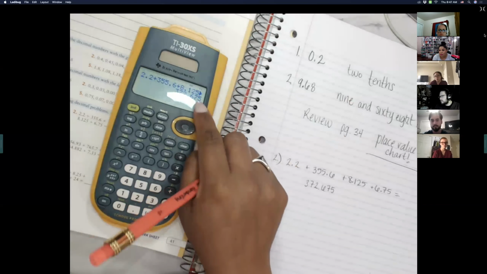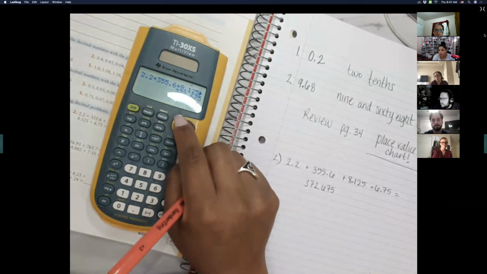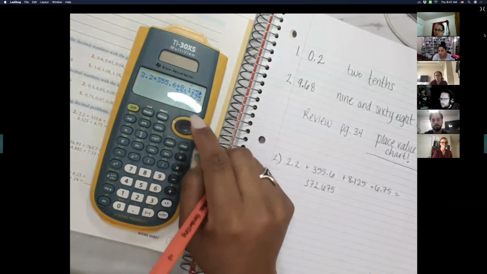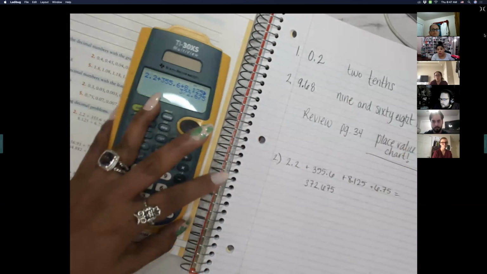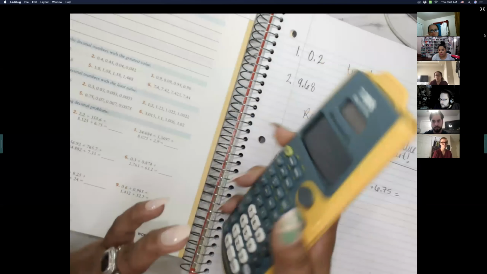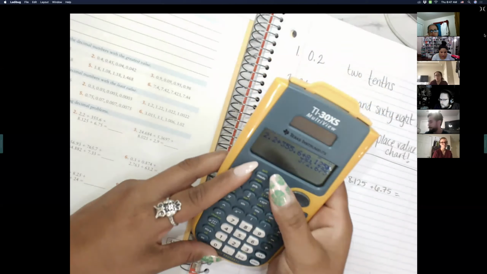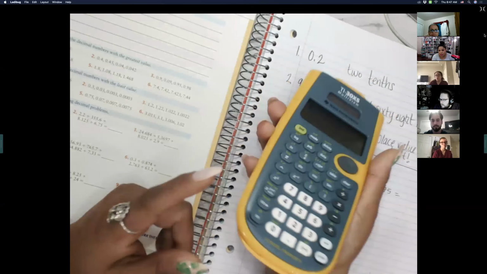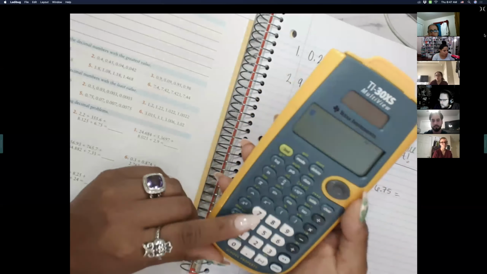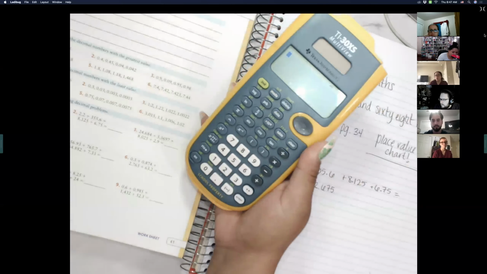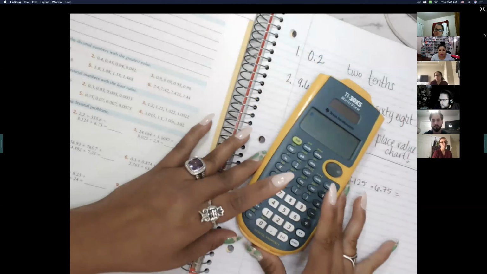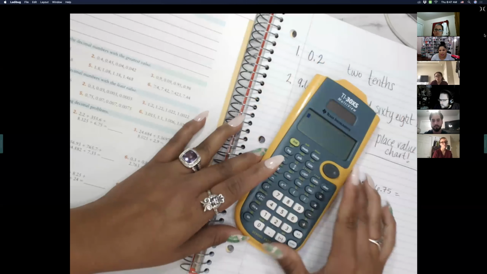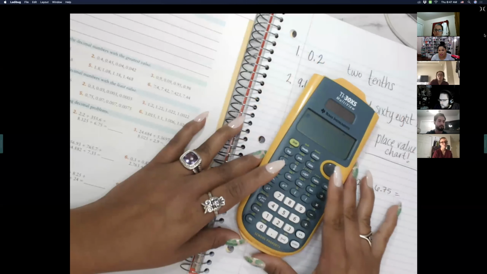So do we have our own calculator, or is there one on the computer or the desktop? No, you're going to use your actual calculator in your hand. So I want you to make sure of this: you're not allowed to use this type of calculator in med math. You are required to use one of those super basic 10 key calculators.